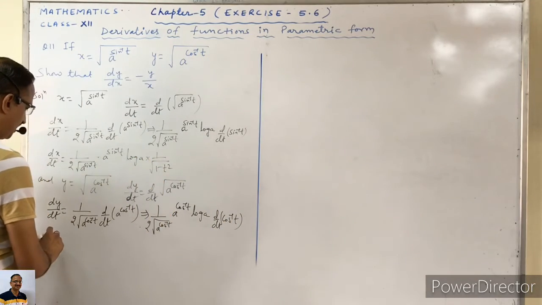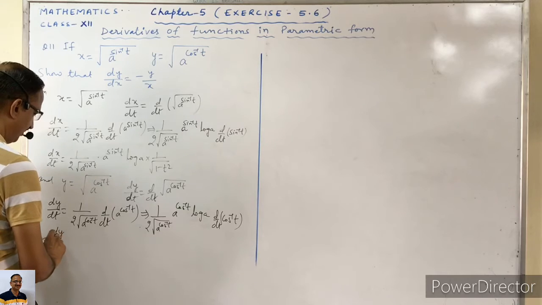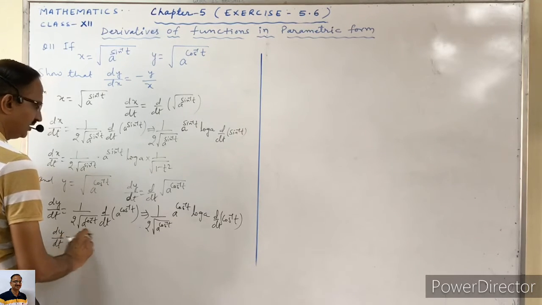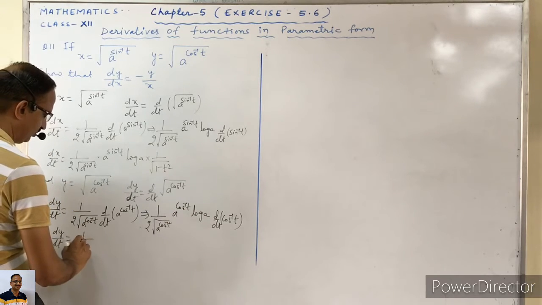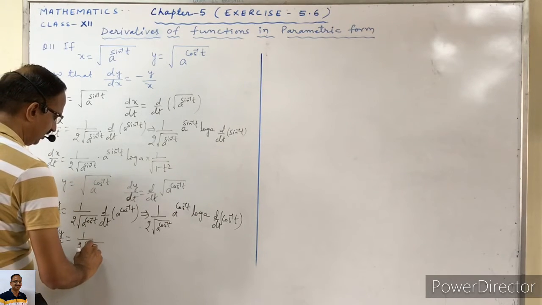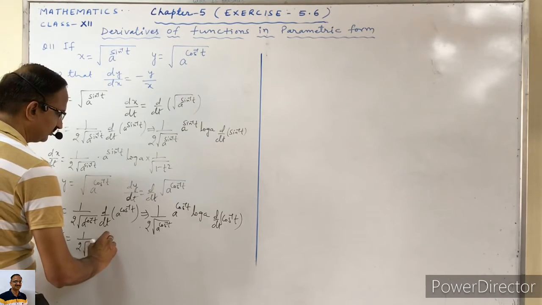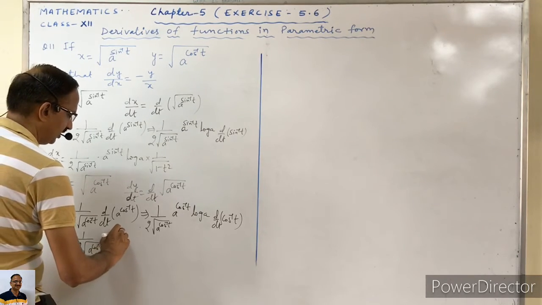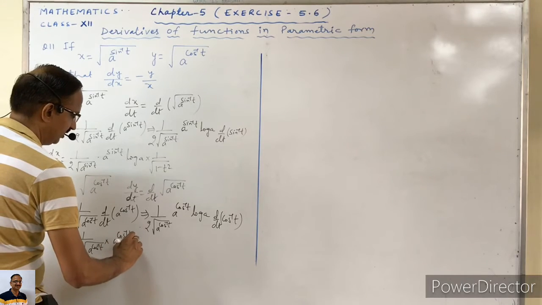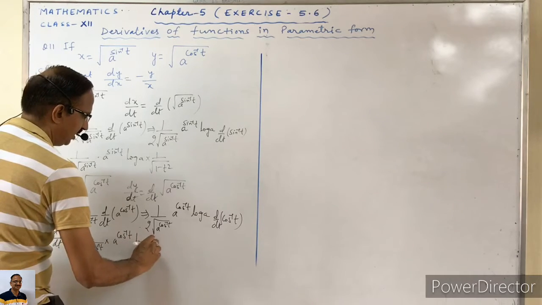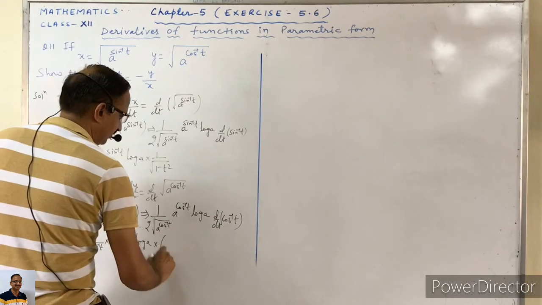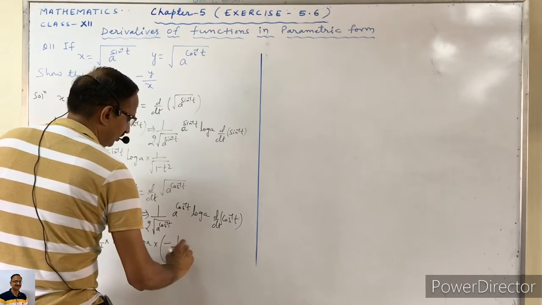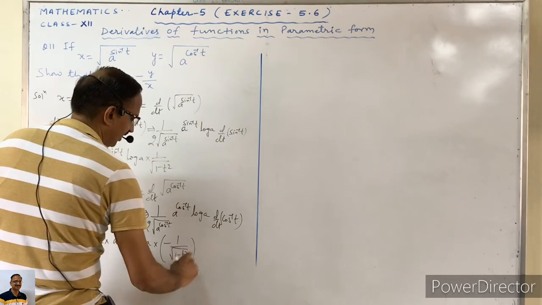Now finally in the last step, dy by dt, these two terms as it is, 2 root a raised to power cos inverse t, a raised to power cos inverse t log a, and the derivative of cos inverse t is minus 1 by root 1 minus t square.